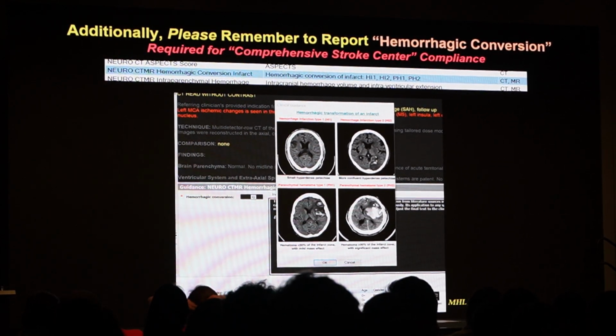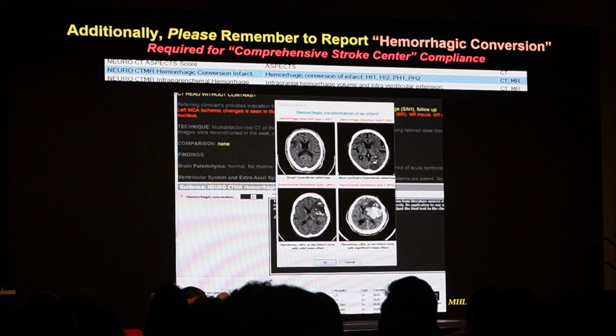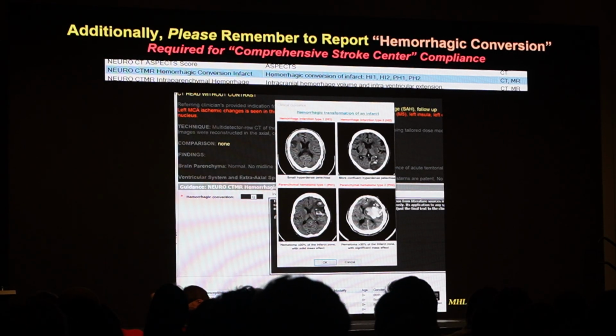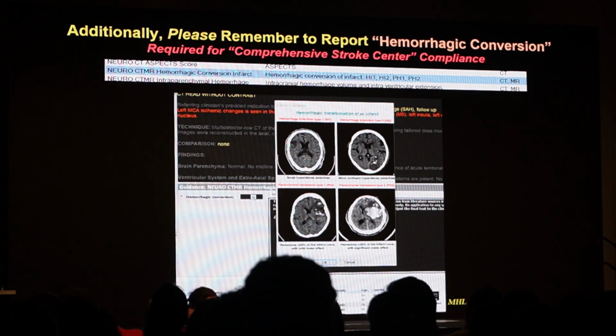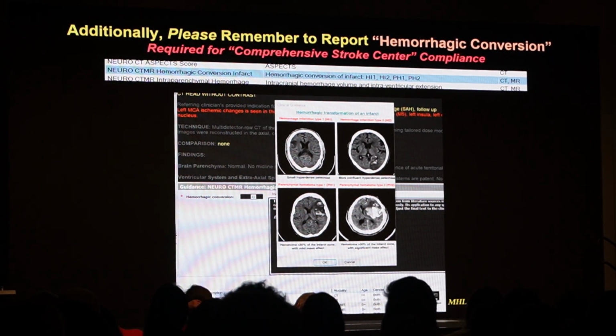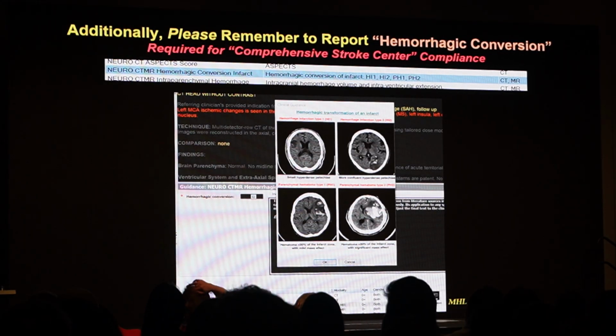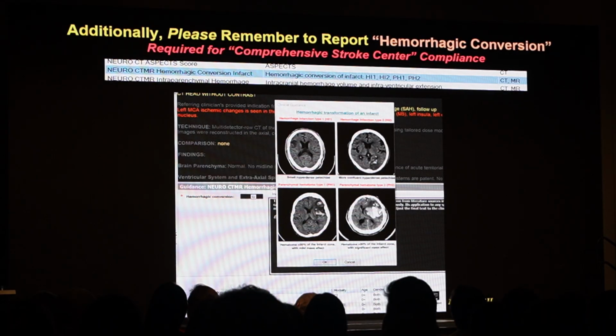Are you a general hospital? Are you a primary stroke center where you're allowed to do IVT, IV thrombolysis, but not EVT? Or are you an EVT thrombectomy center, which is the highest level of comprehensive stroke center? There are only like 8 of those in all of Massachusetts, 5 of which are in the greater Boston area.